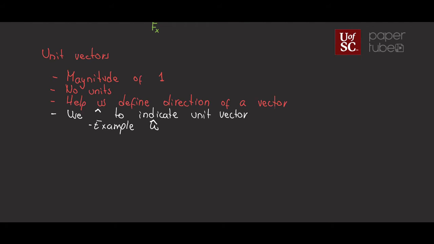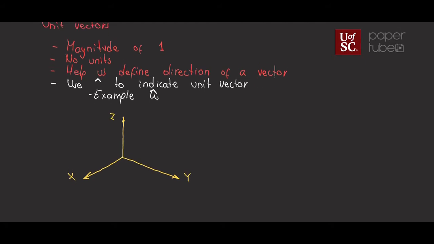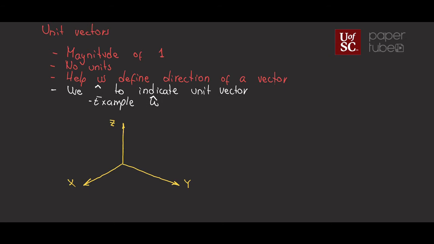So if I have something like this, and this is my x-axis, this is my y-axis, and this is my z-axis, just to make sure that we're talking about the right direction, I'm going to define a unit vector in each of those directions.